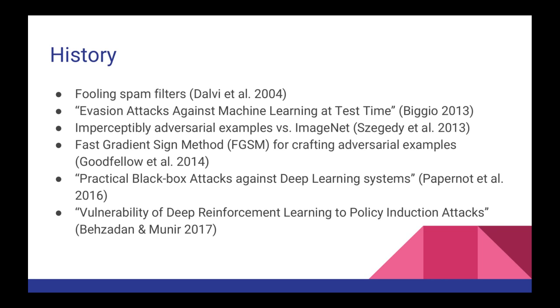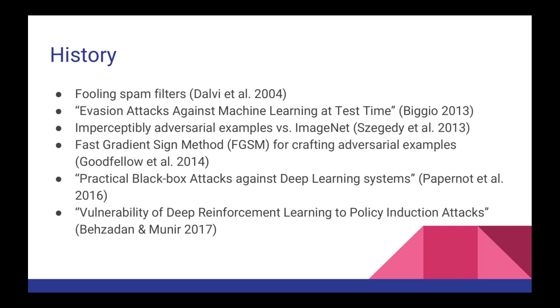In 2016, Papernot and Goodfellow published a paper titled Practical Black Box Attacks Against Deep Learning Systems, which exploited something called transferability in adversarial examples.